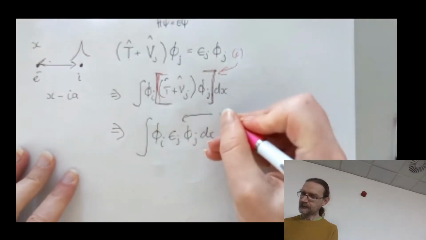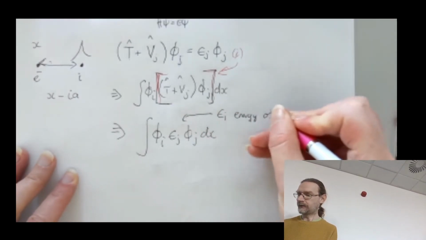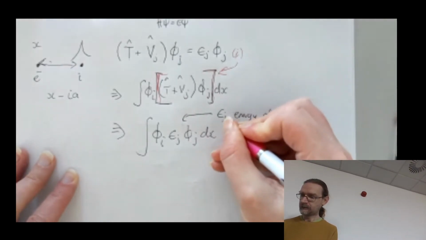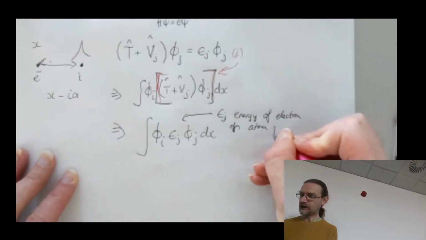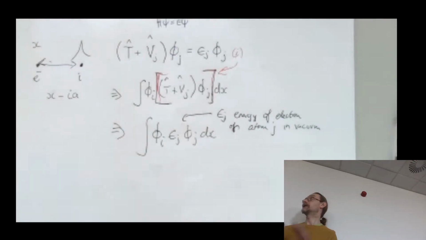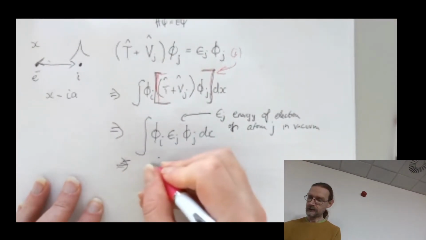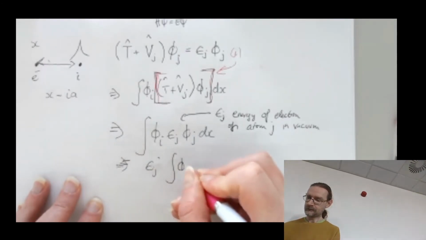So epsilon j is the energy of an electron on atom J in vacuum, so just if there's nothing else around. It's a number, so I can take it outside the integral sign.